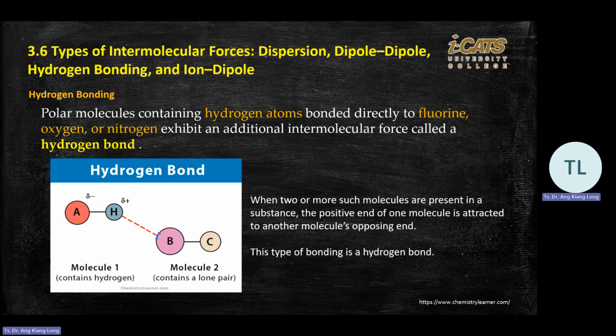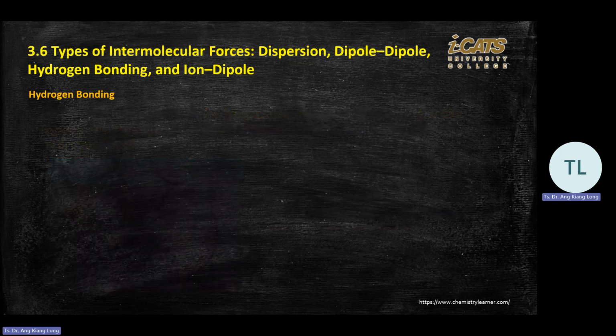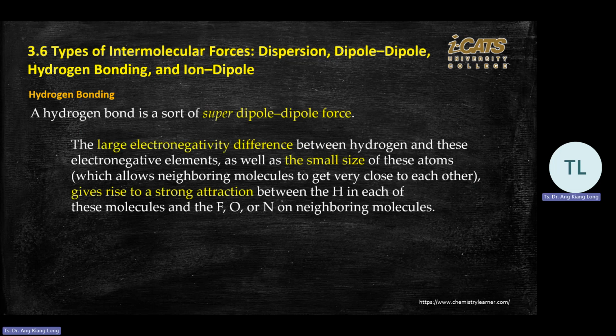Okay, the rest you read. Hydrogen bond is a super dipole-dipole force, which has higher force compared to the normal dipole-dipole force. It is because of the large difference in electronegativity between hydrogen and the electronegative element.